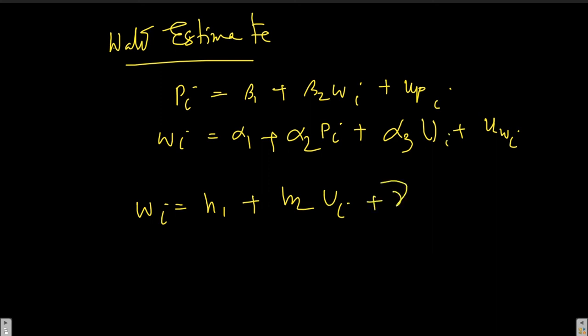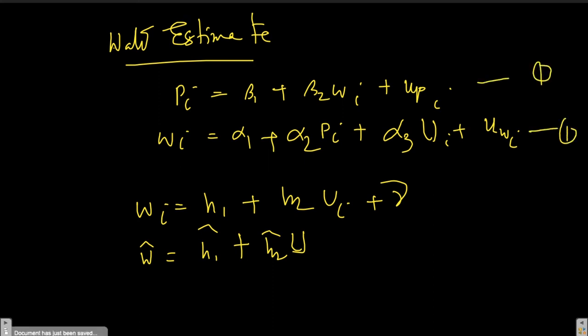When I estimate it, I get W hat is equal to H1 hat plus H2 hat into U. Now, that is how we used to do it previously. That is how we have learned, and then we substitute W hat into the first equation. Again, I number the equations 1, 2, 3, 4.